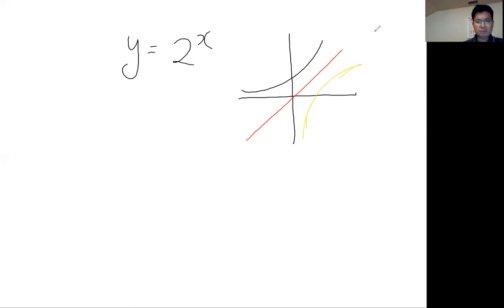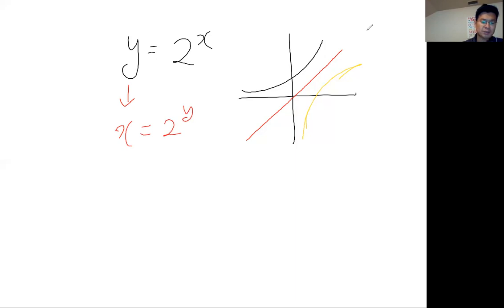Then how to put this into mathematical notation was one of the questions mathematicians had a long time ago. Whatever they came up with is now the mathematical notation. Think about the inverse function: we change y to x and x to y.